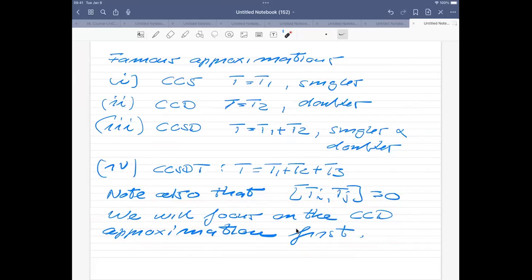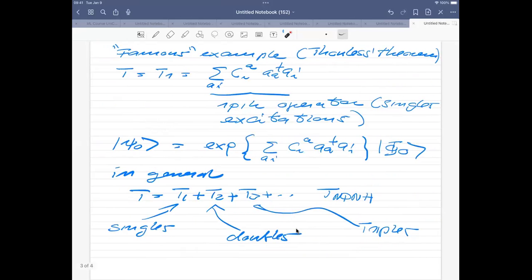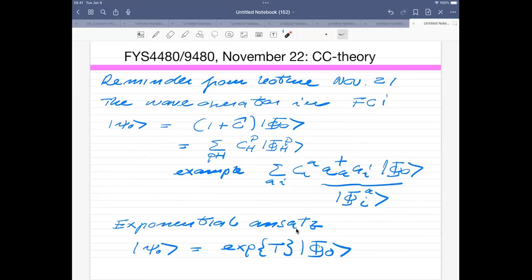But let us now go a little bit back to Fowler's theorem and remind ourselves of some of the technicalities which we had there, when we could actually derive the so-called exponential ansatz, because what we have here from Fowler's theorem, from the one particle, one hole type of excitations, is that we could write the state in terms of an exponential where now T just contains one particle, one hole excitations.